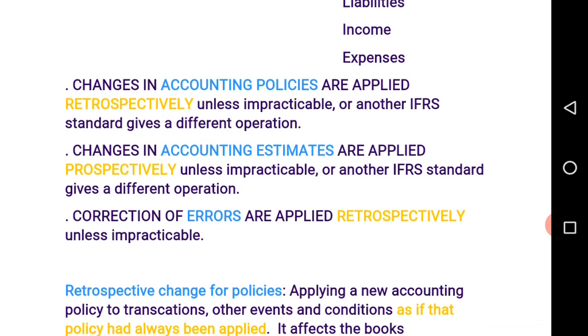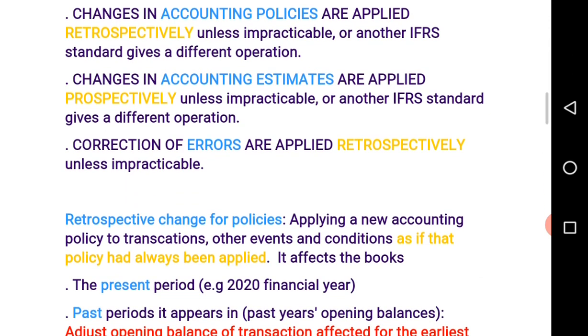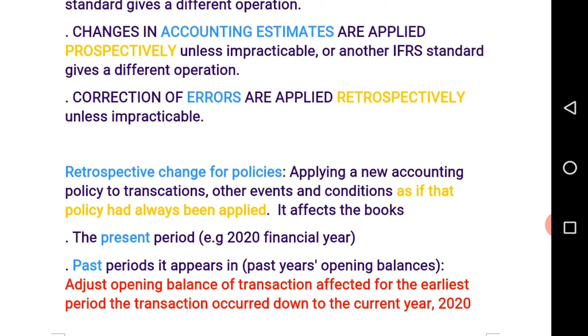Then we'll take a look at the term retrospective. It says retrospective change for policies is applying a new accounting policy to transactions, other events, and conditions as if that policy had always been applied. In that way, it affects three areas: the present period, now we're in 2020.